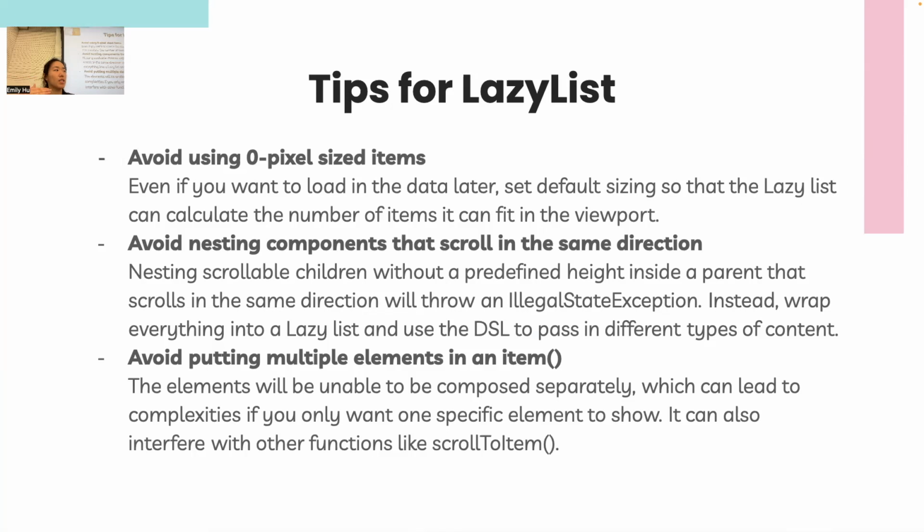It'll still be displayed together, but in terms of coding, it won't be one item. Otherwise, the elements will be unable to be composed separately, which can lead to complexities if you only want to show one item, or change the padding of one item, like one text above an image. So it's better to just separate all concerns.